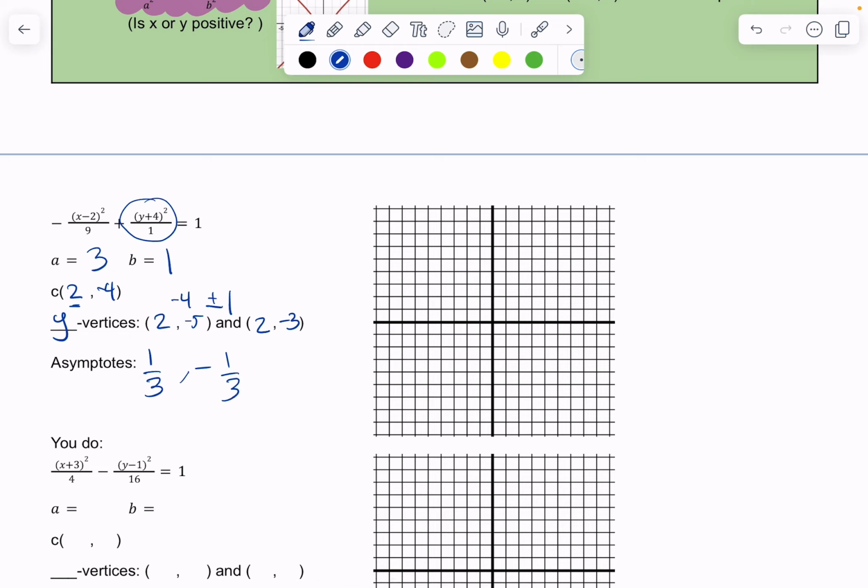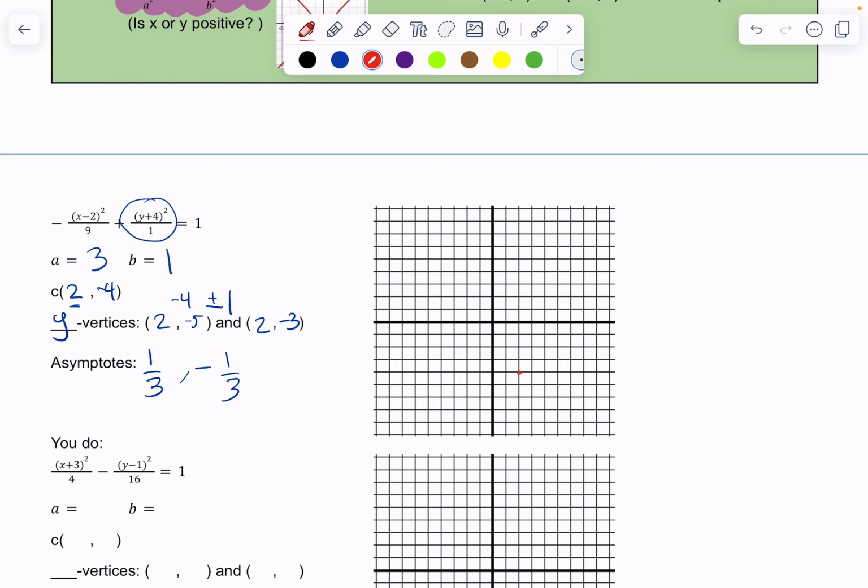So let's sketch what we know. I like sketching the asymptotes first. I'll do it in red because those are the things that cannot pass. Our center point is going to be 2 and negative 4. So we're around this space.